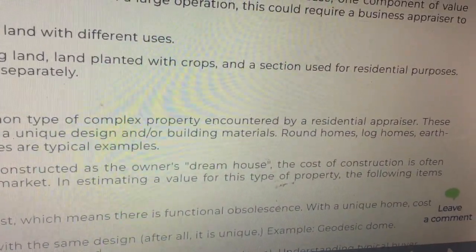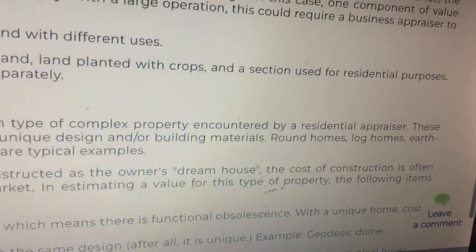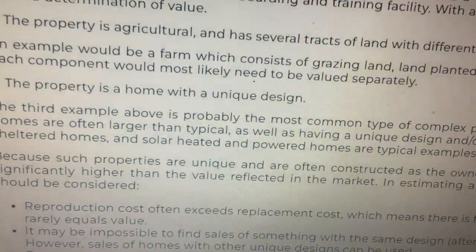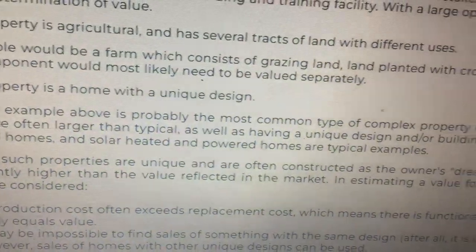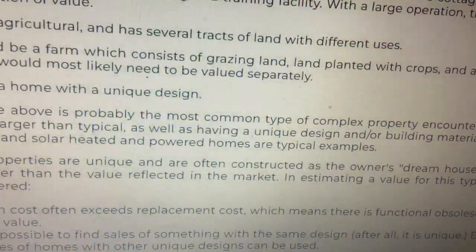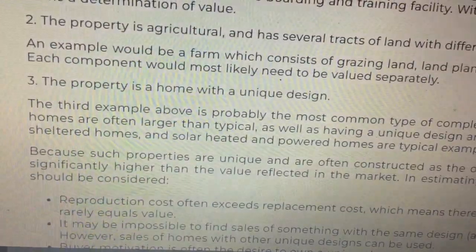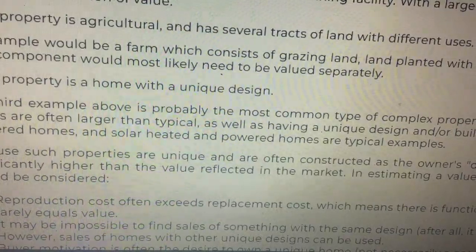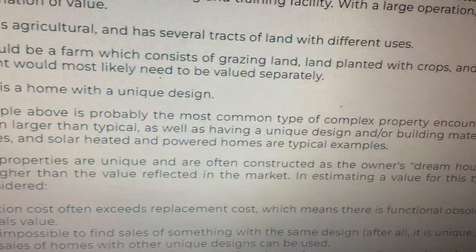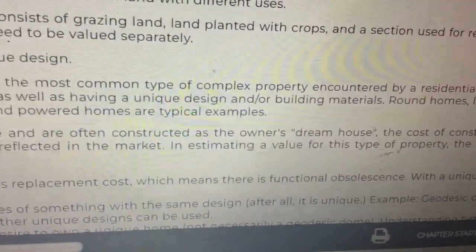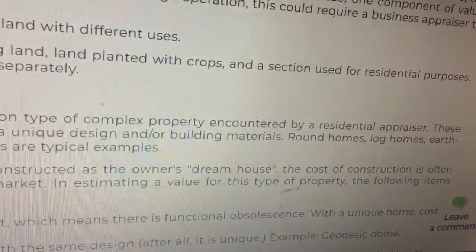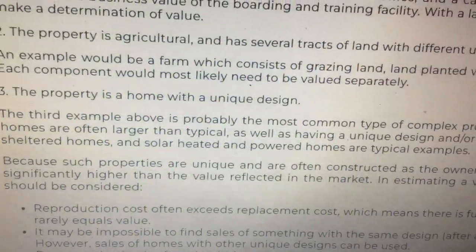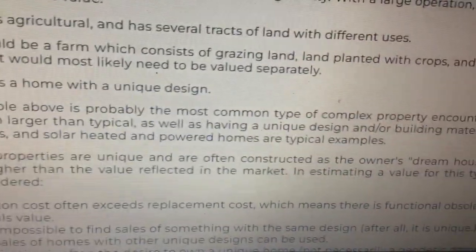Round homes, log homes, earth-sheltered homes, and solar-heated and powered homes are typical examples. Because such properties are unique and are often constructed as the owner's dream house, the cost of construction is often significantly higher than the value reflected in the market.